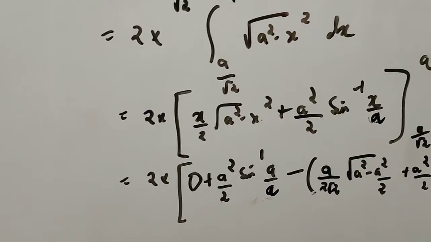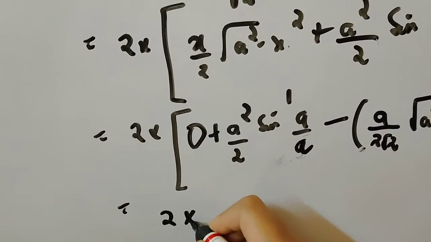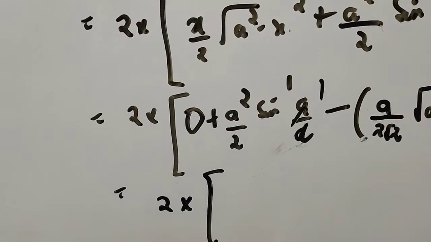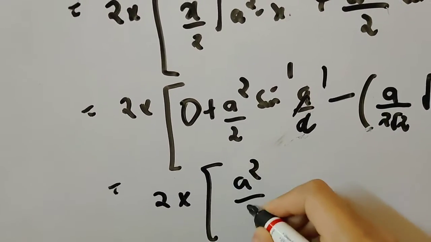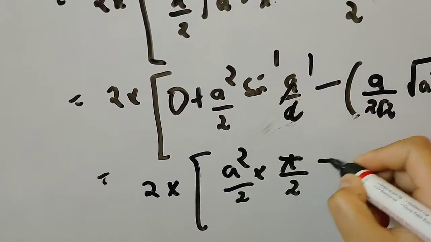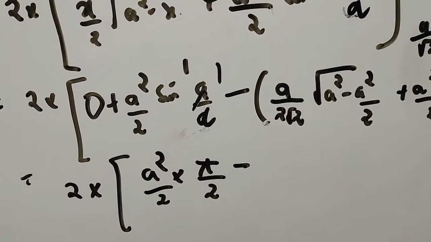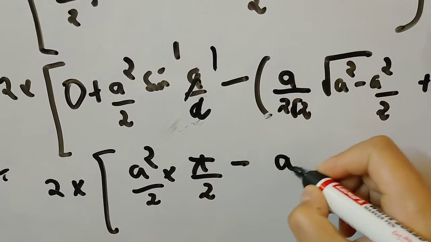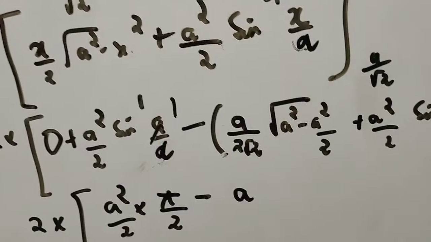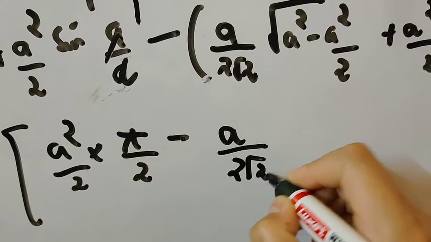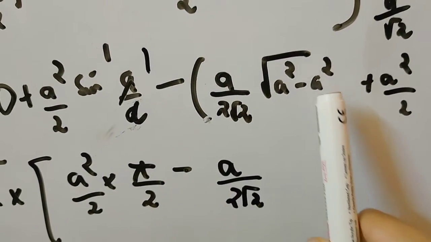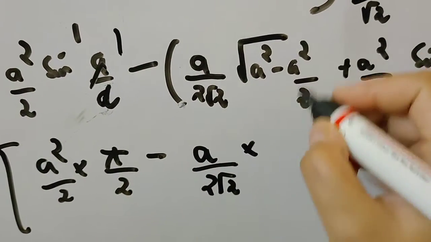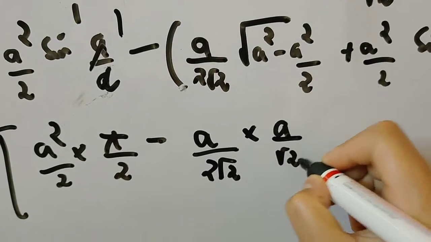So here what I will get is 2 into sine inverse a by a, which gives me 1. Sine inverse 1 means pi by 2. So a square by 2 into pi by 2 minus, here is a by 2 root 2 a square minus, if you solve this, 2 minus a square, ultimately you will get a by root 2.